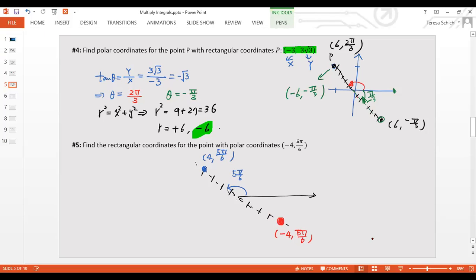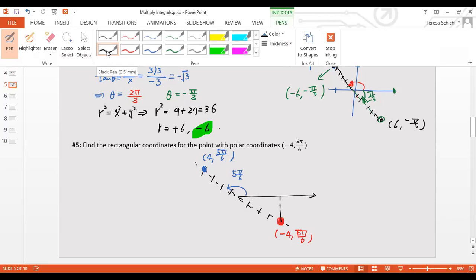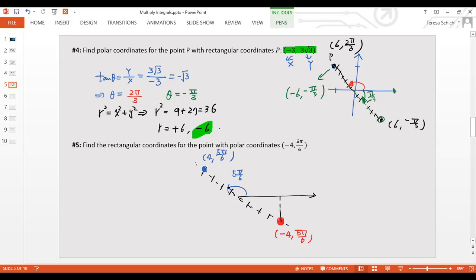So I'm going to find the x and the y. So x here depends how you want to use the positive or negatives.